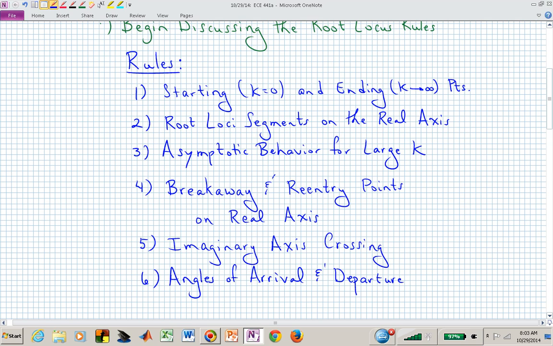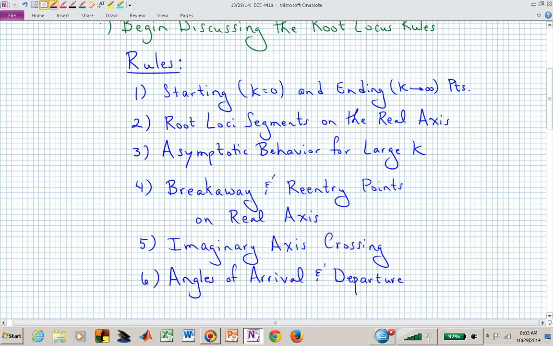I've tried to do it fairly briefly in terms of these descriptions of the rules, and you will learn that maybe you can't just march down rule 1, rule 2, rule 3. You may have to have these floating in your head, and in some cases some of these rules may or may not be applicable to the system that you are trying to sketch the closed loop behavior for.